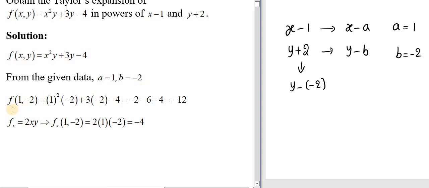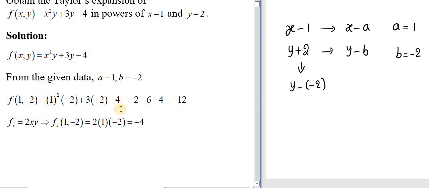Now we are going to find out f, that means the value of the function at 1 comma minus 2. For this we are going to substitute x equal to 1, y equal to minus 2 in the given function. Observe, 1 square into minus 2 plus 3 into y value minus 4.